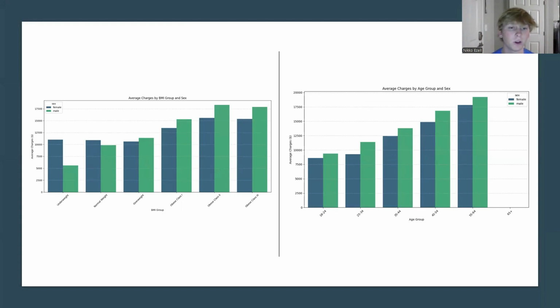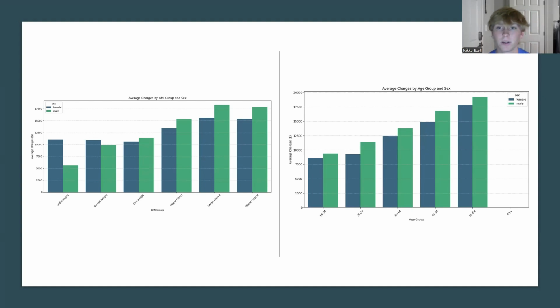And you can see the obese class 1, class 2, and class 3 becomes much higher than if you were a normal weight, as they put it. And then there's underweight, where underweight females pay double of what underweight males pay, which is also interesting. And then the rest of the way, males pay more than the females.